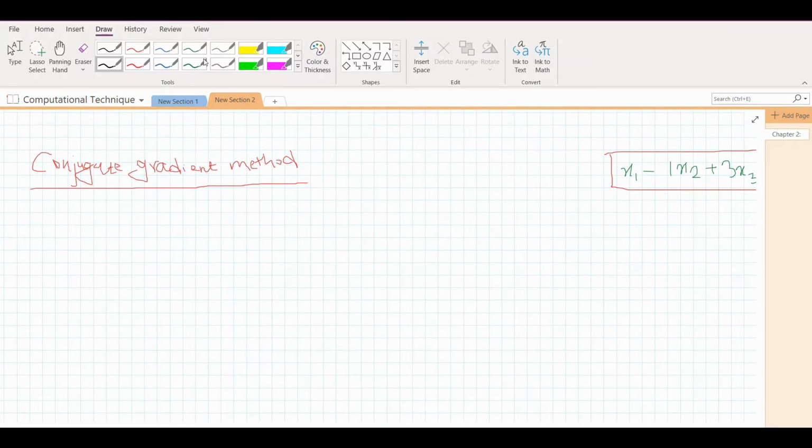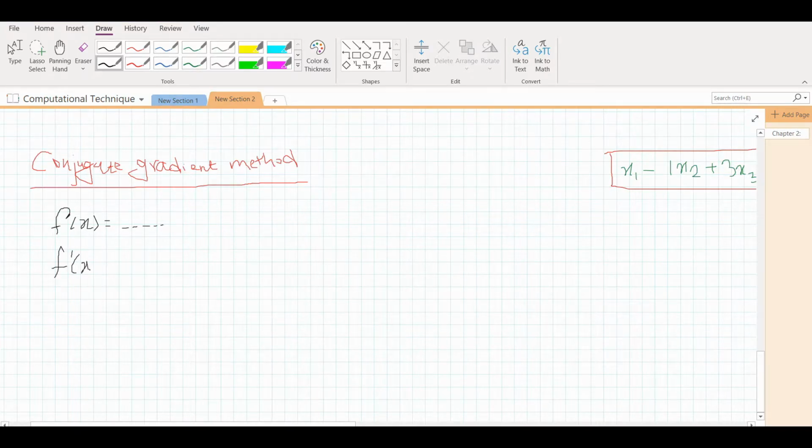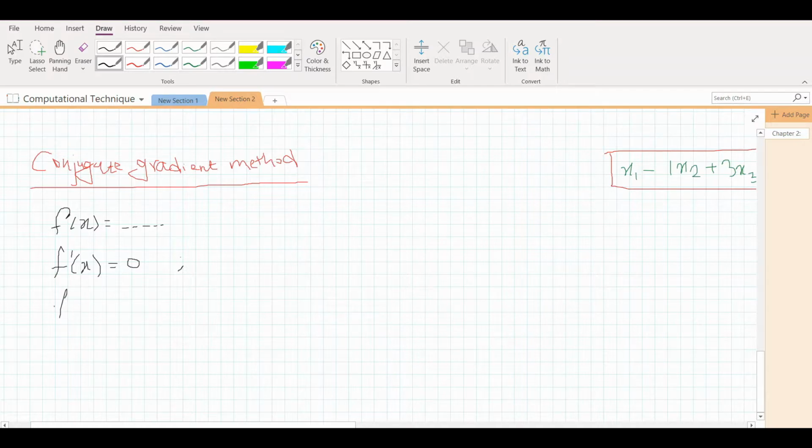Generally what you do is, if you have an equation like this, let's say f(x) equals some equation, then to find the minimum or the maximum value of f(x), what you do is find the derivative and equate that to 0. We check this condition and we also check its second derivative and see if it's greater than 0 or less than 0.